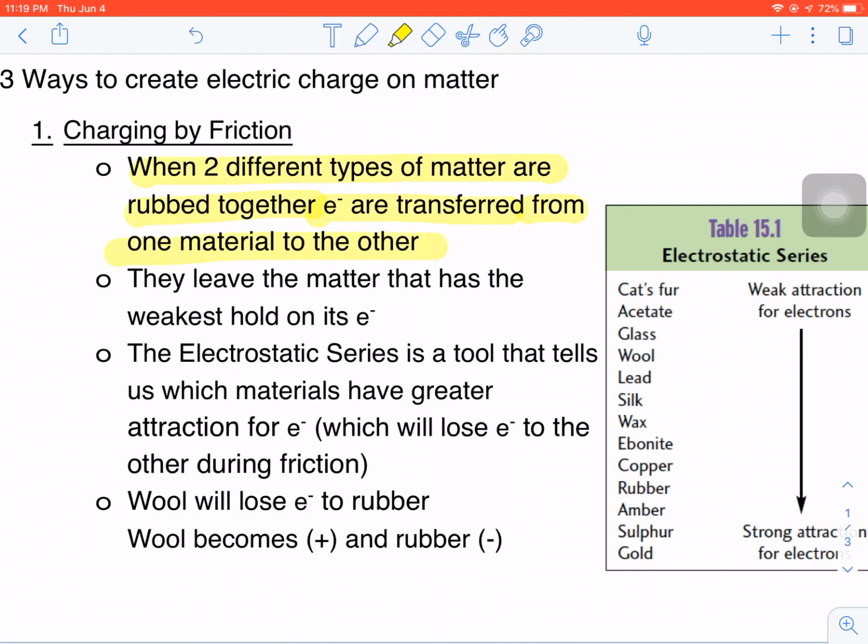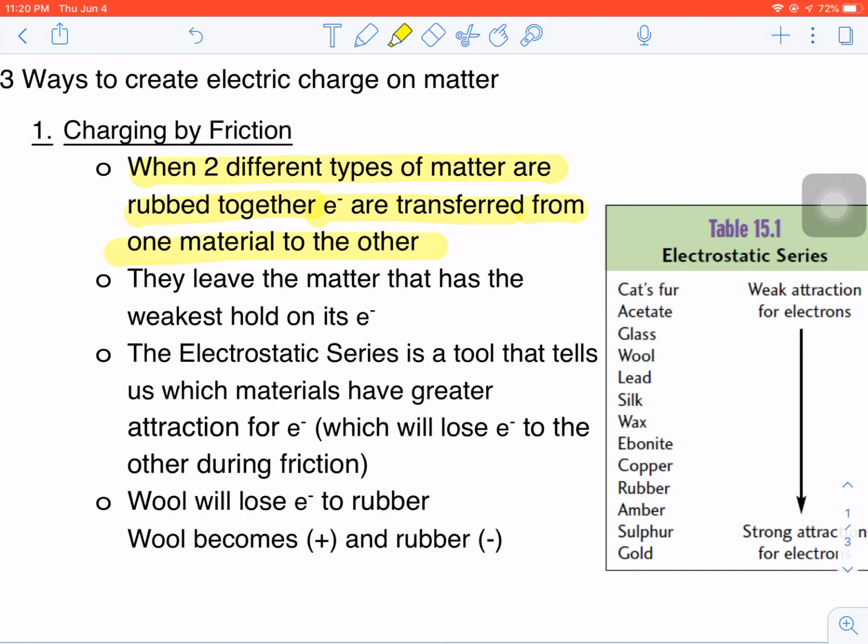If I rub one type of material with another type of material, and object A becomes positive, if I was to come back and do it again tomorrow, A would become positive again. And if I was to do it again the next day, A would become positive. So there is a pattern, which tells me that electrons always move in one direction, and they move in the direction of the object that has the strongest attraction for those electrons.